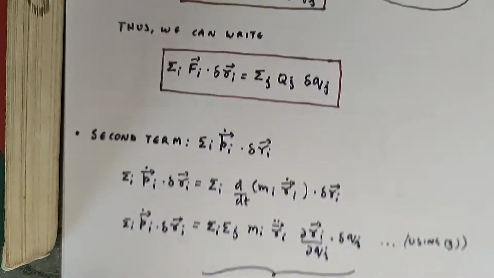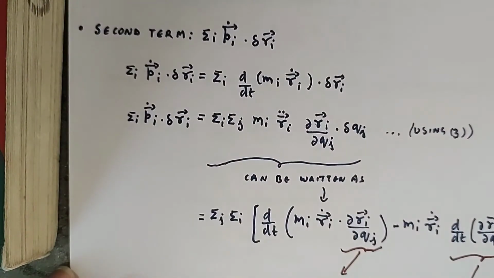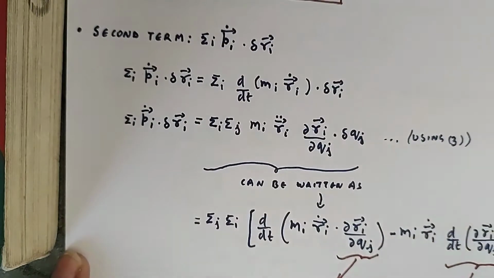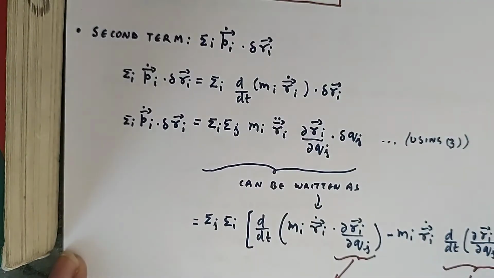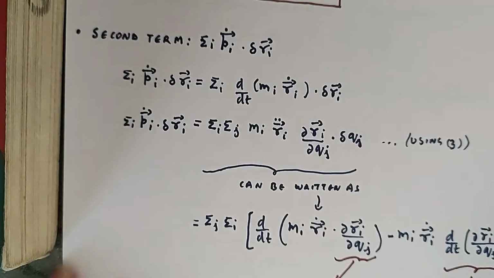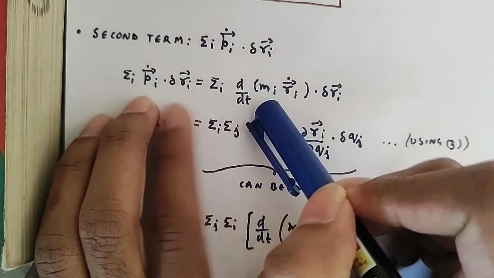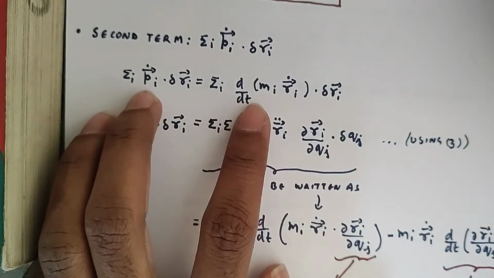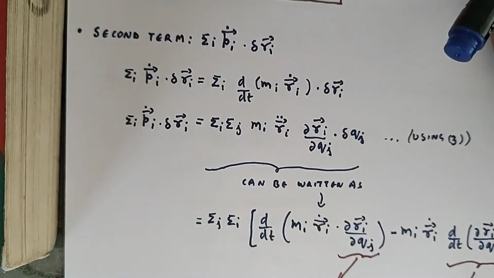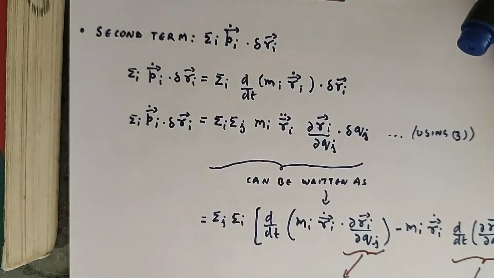Now my task is to explain how I get the second term. My second term is usually the momentum dot delta r_i vector. What I do is I just use the definition of momentum, which is m r_i dot, nothing but m times v.